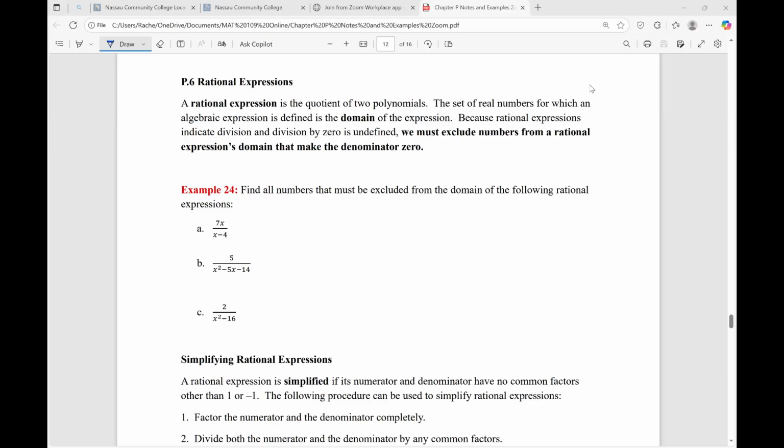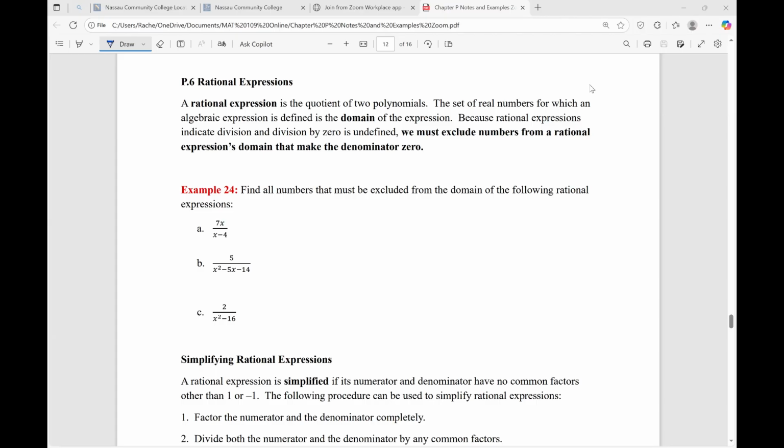When we're examining rational expressions, since it is a quotient or a fraction, we have to think about the domain. Remember, the domain is the list of all possible x values for which the expression would be defined.